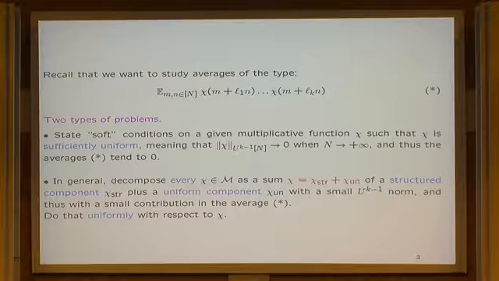One object, chi_st, contains the information, meaning it has a good structure we can deal with and make computations on. The second term, chi_un, is uniform, meaning it has no or small contribution to the averages, so its Gowers norm is small.